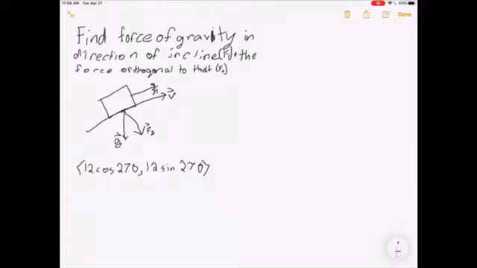And the x value is cosine and the y is sine.